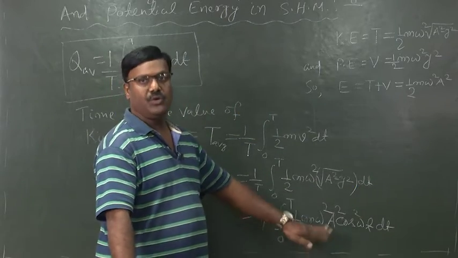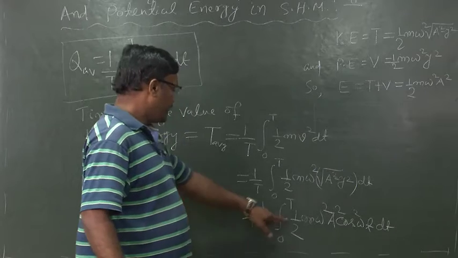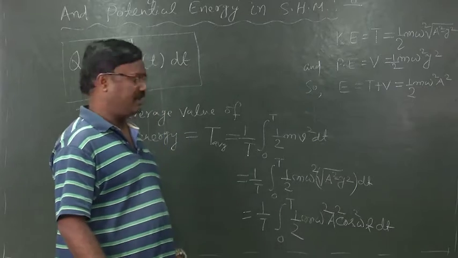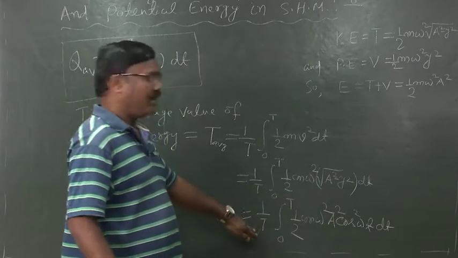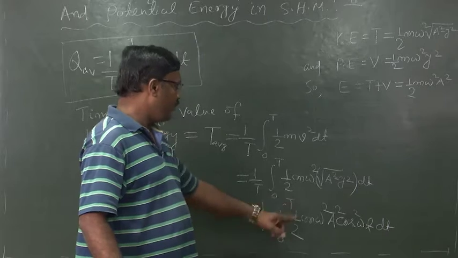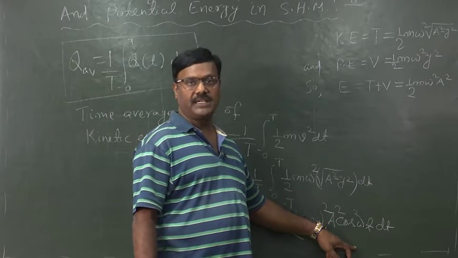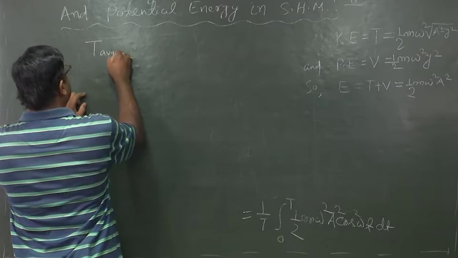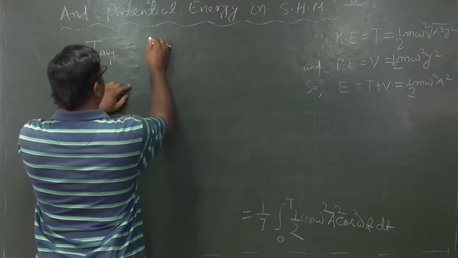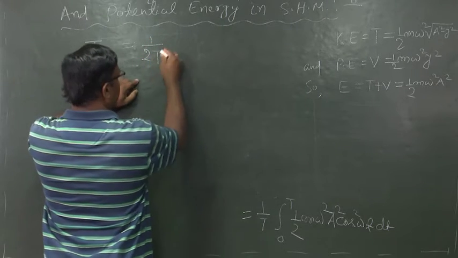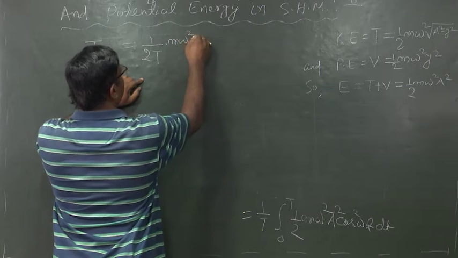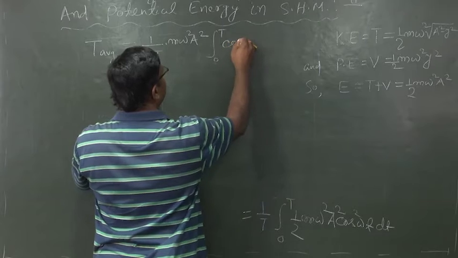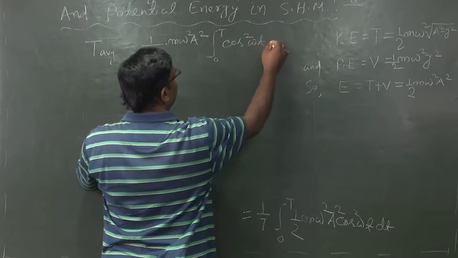Now, we have to perform the integration. Since half m omega square a square are constant quantities, we can put them outside and the integration will be for cos square omega t only. T average will be equal to 1 by 2T m omega square a square within integration 0 to T cos square omega t dt.